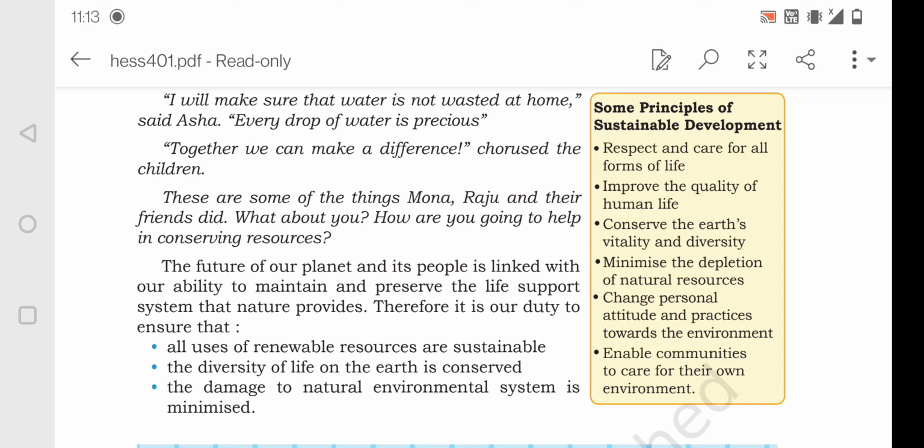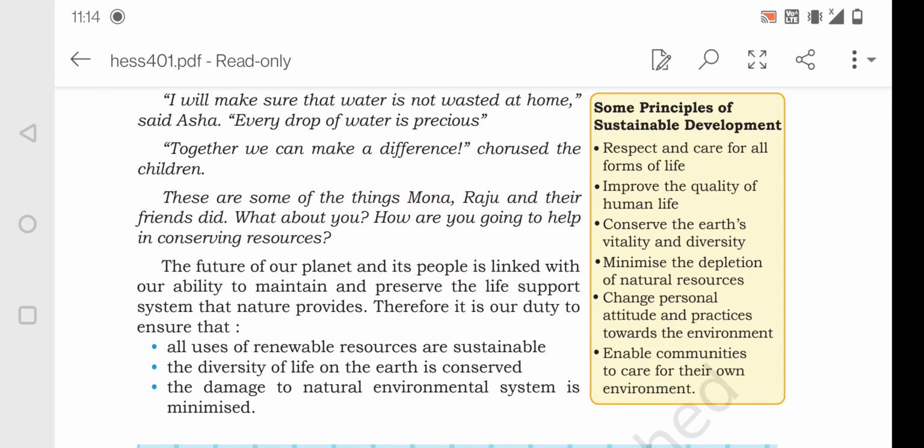Then conserve the earth's vitality and diversity. On the earth we see different species of animals and plants, and different cultures and languages. We need to protect them because this is what provides colors to our life.